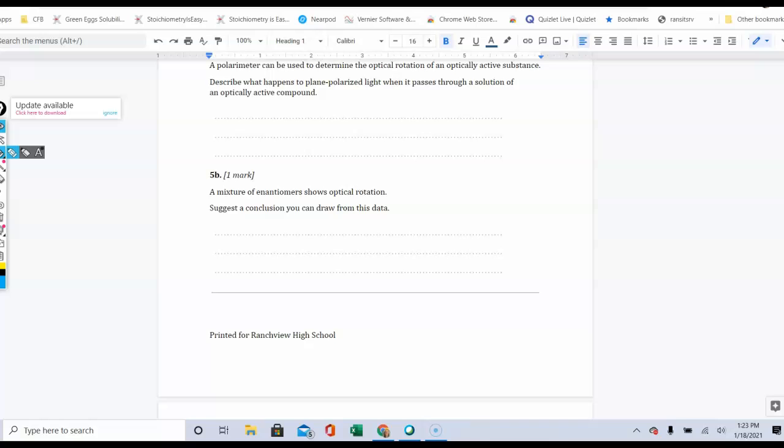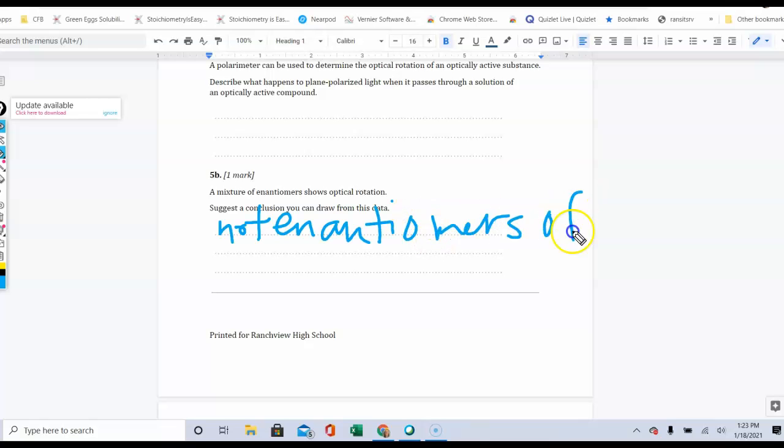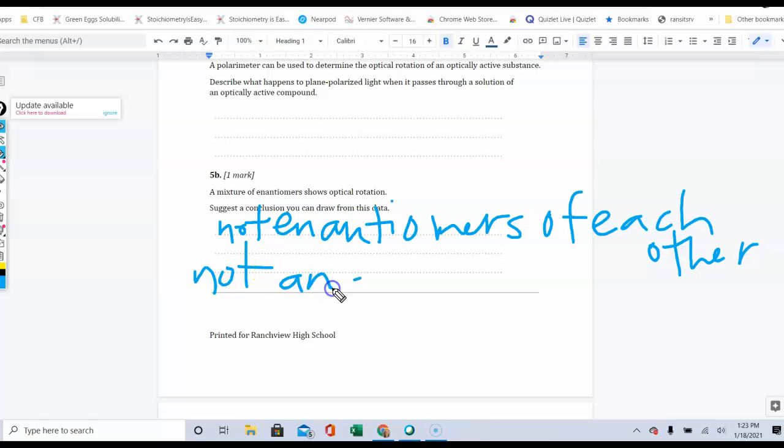You can answer one of the following: they are not enantiomers of each other, or you could say that they are not an equal mixture. Those are the two things that you might be able to answer there.